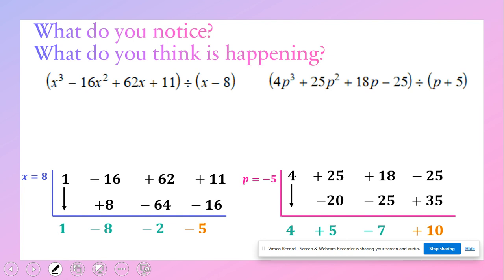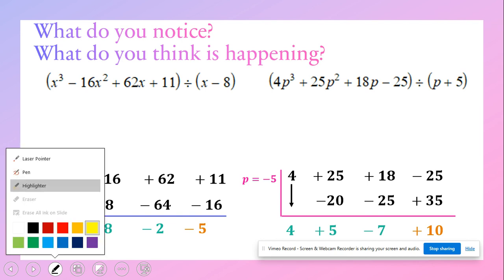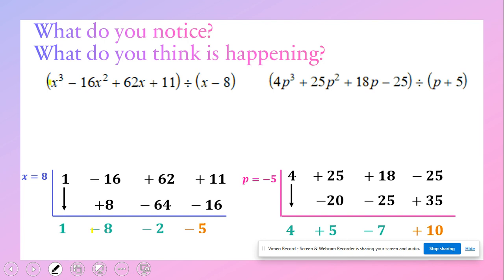Okay. Hopefully you had a chance to take a second and observe what's going on within this without me even needing to introduce it. I want you to start understanding what's going on here. What are some key things that you might have noticed? Hopefully you'll notice that x to the third has a coefficient of 1. Negative 16x squared has a coefficient of negative 16.